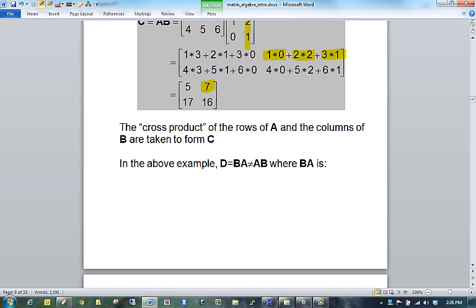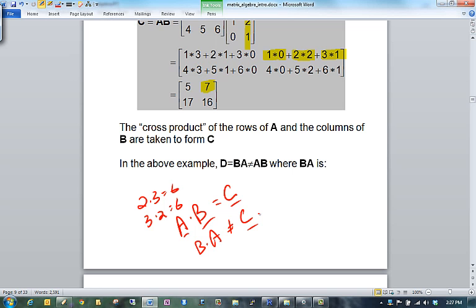Now, it's important to note that in a very simple context, if I take 2 times 3, I get 6. If I take 3 times 2, I get 6 as well. However, if I take a matrix A times a matrix B, let's call that C, and I take B times A, I do not necessarily get the matrix C. Why?